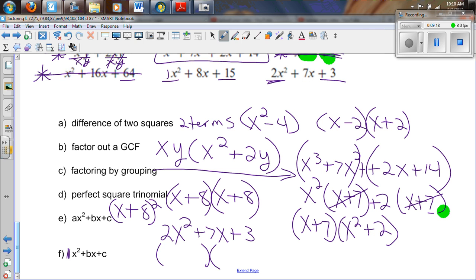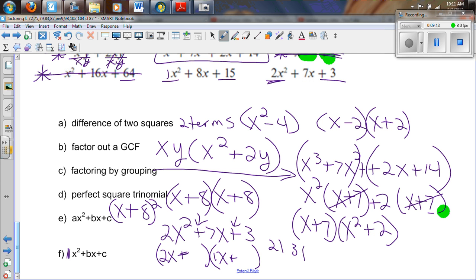When you're factoring this, you know that the factors of 2 are 2 and 1, and factors of 3 are 3 and 1. So on this one, there are no choices. We just have to decide which order they go in. So 2x and 1x. How am I going to multiply those together and add them to get a positive 7? That means these both have to be positive here.